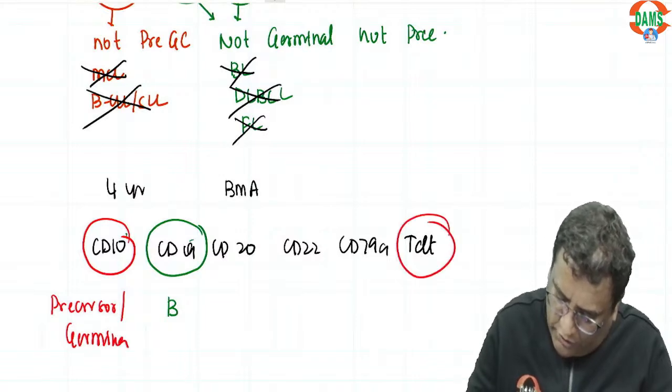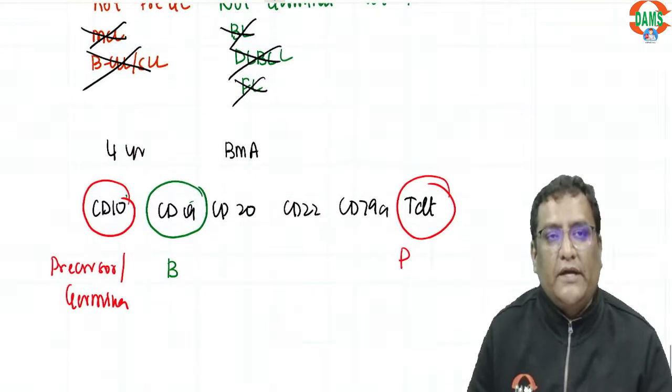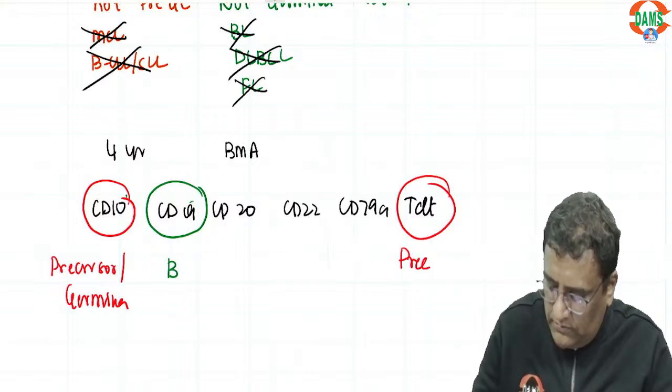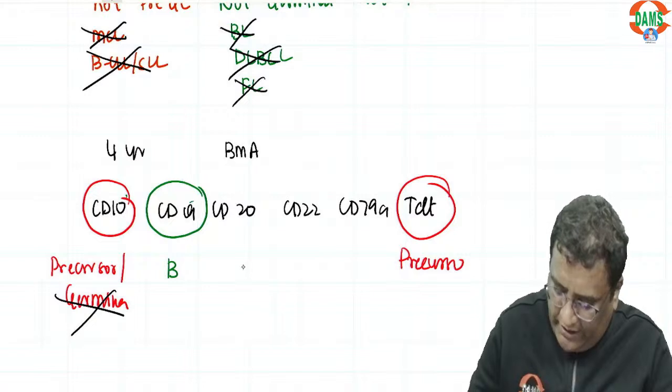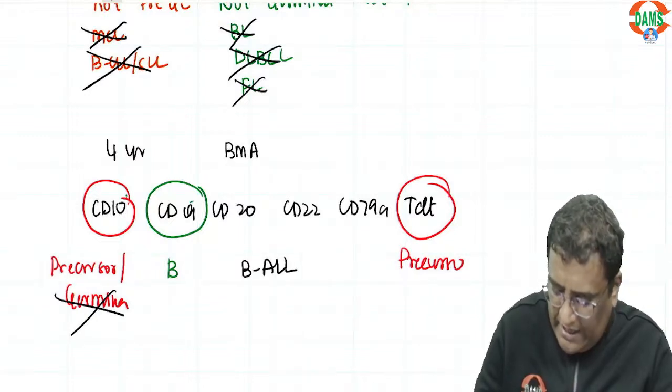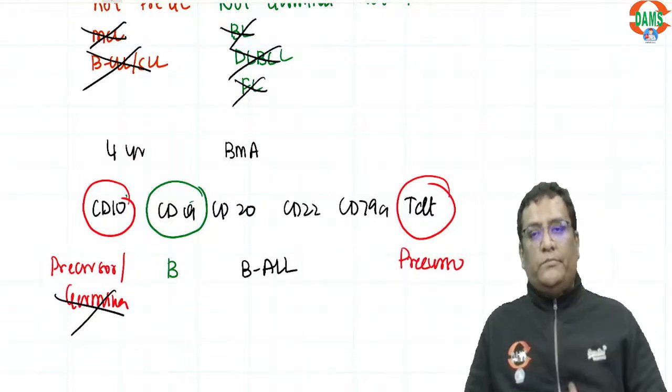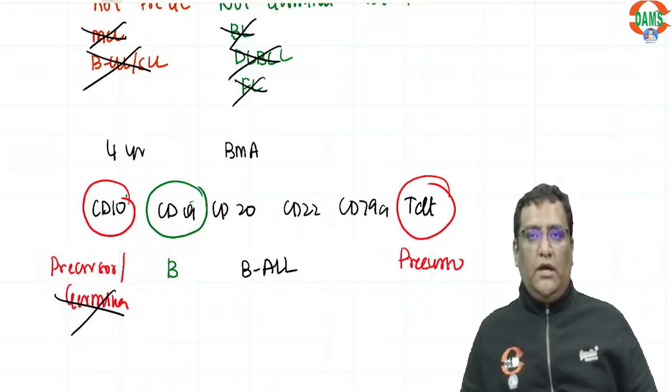But TDT is positive, means definitely it is precursor, not a germinal. So the diagnosis will be B-ALL. Very good. The question was very easy.